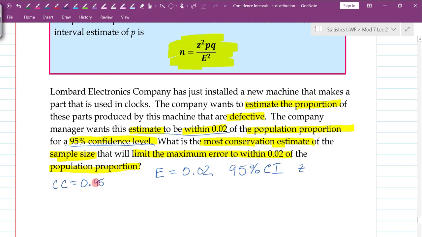If my confidence coefficient is 0.95, that tells me my alpha is equal to 0.05, because my alpha plus my confidence coefficient must equal 1. Because I'm dealing with a confidence interval, half of alpha goes in the left tail, half of alpha goes in the right-hand tail. So that means I need to look up half of alpha to know my critical value.